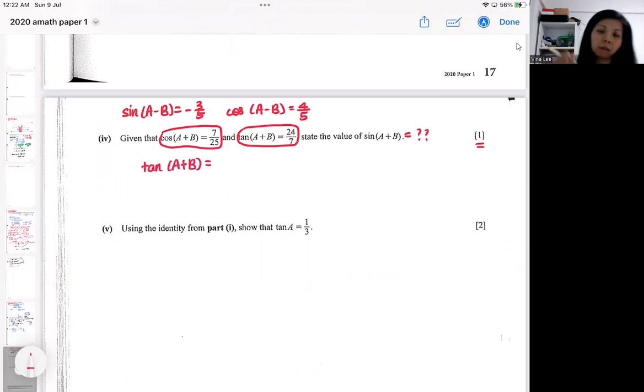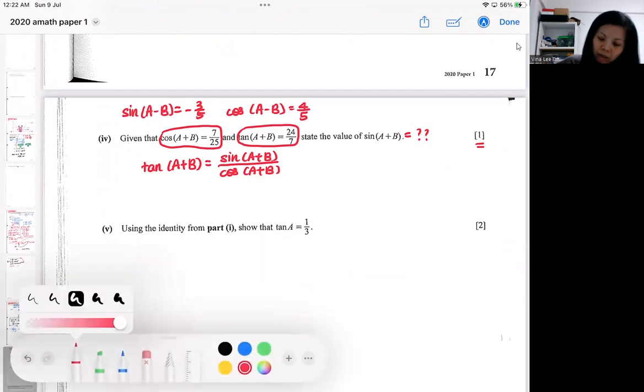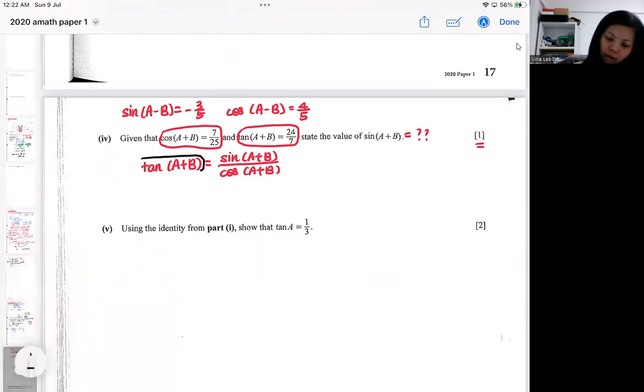Instead of looking at the addition formula on the list, you think about it as sine A plus B over cosine A plus B. So this is the formula that you should make use of. With this formula, I insert this part. This will be the 24 over 7. This will be what the question wants me to find.